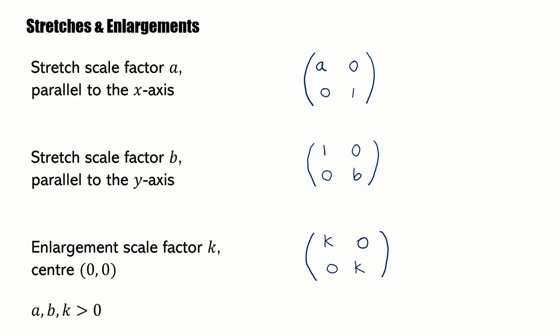It's worth mentioning that technically the a, the b, and the k should be positive numbers, because if they are negative numbers, that's actually implying that more than one transformation's happened. You've had both a stretch or enlargement and a reflection, because although mathematically, numerically, it's the same as a stretch scale factor minus 1, we in reality call a stretch scale factor minus 1 a reflection.